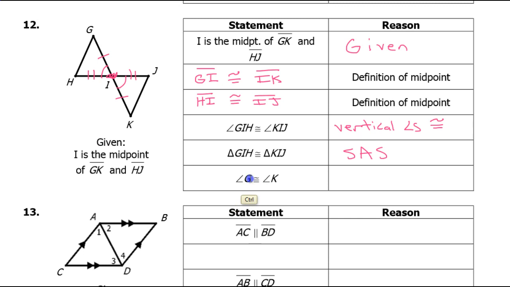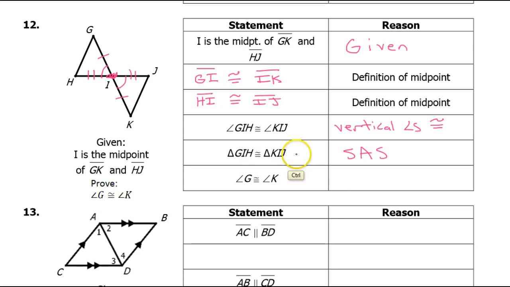I can tell what we were trying to prove because of this extra statement in the proof. So clearly the thing that we were trying to prove must be this right here. So there, I squeezed it in right here. Prove angle G is congruent to angle K.